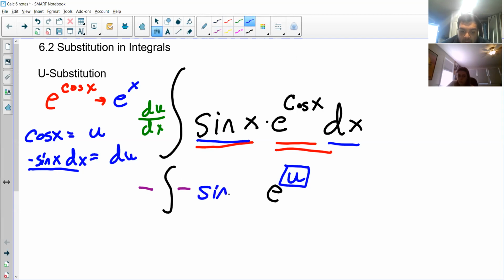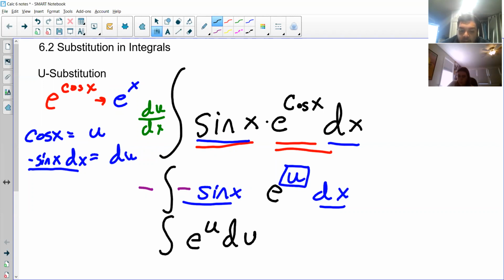Now this sine x and the dx over here is the derivative, or du. So I can rewrite this as e to the u, that u which I got, and I can make negative sine x dx into du with a negative on the outside.